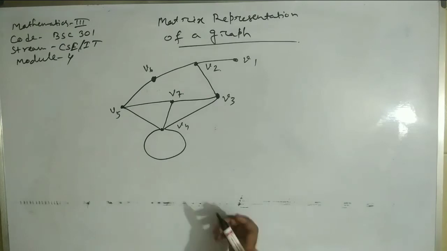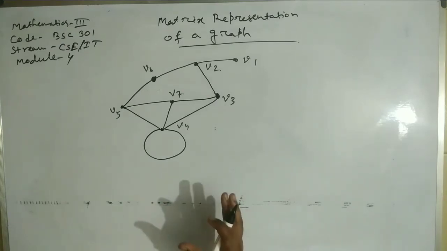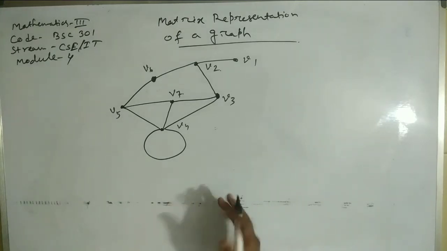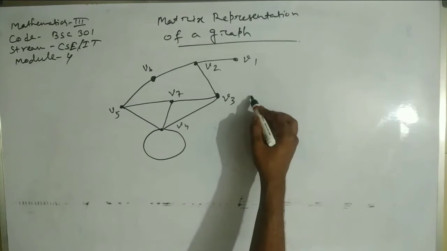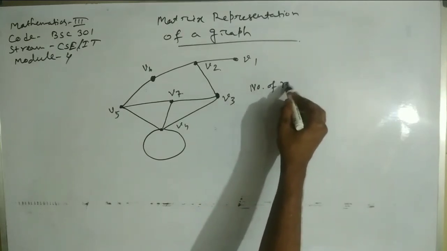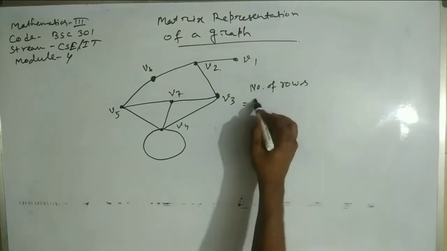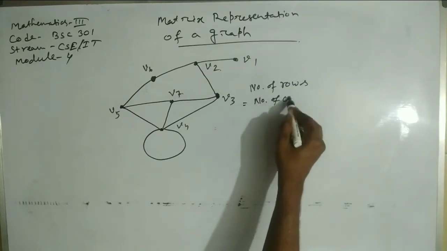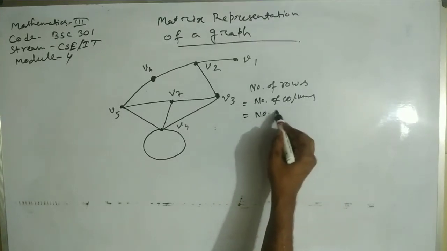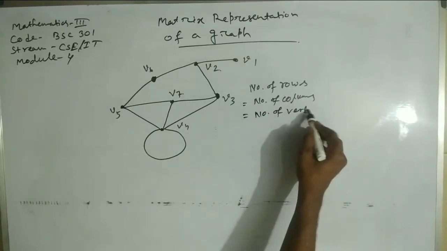In the adjacency matrix, the number of rows and the number of columns both will be equal to the number of vertices. I repeat, the number of rows and the number of columns both will be equal to the number of vertices. I am writing here: number of rows equal to number of columns equal to number of vertices.